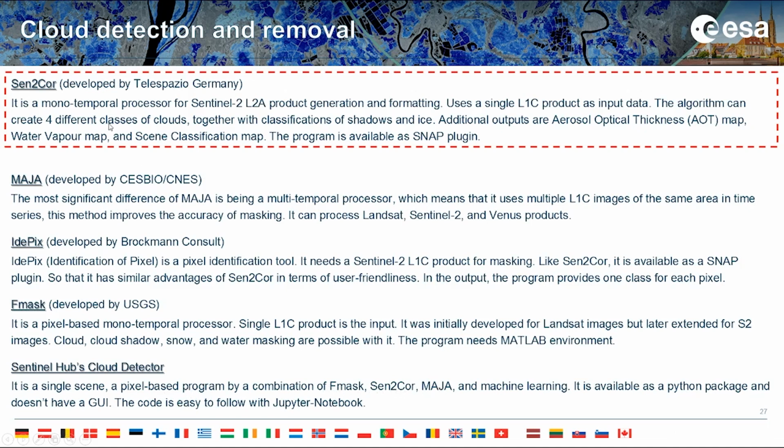The most common is the Sen2Cor because it's the one used by ESA, and all the Sentinel-2 level 2A products have been corrected by using Sen2Cor. If you go to the THEIA website, the one from CNES, you will find the Sentinel-2 images over France, more or less, even over Europe, corrected using MAJA.